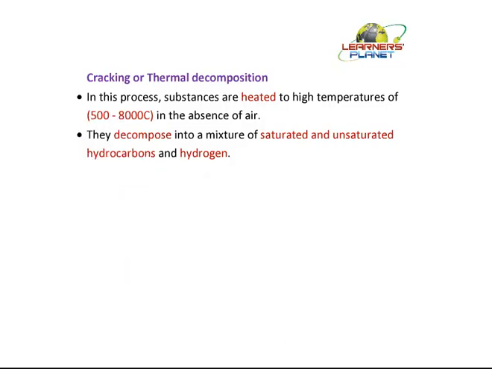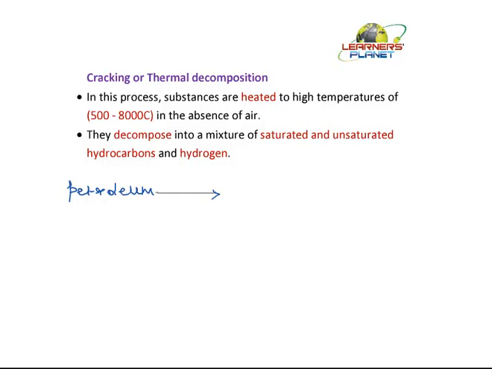Say if I am undergoing the cracking of petroleum, that is, if I am heating petroleum to a very high temperature in the absence of air, what are the products I can get?